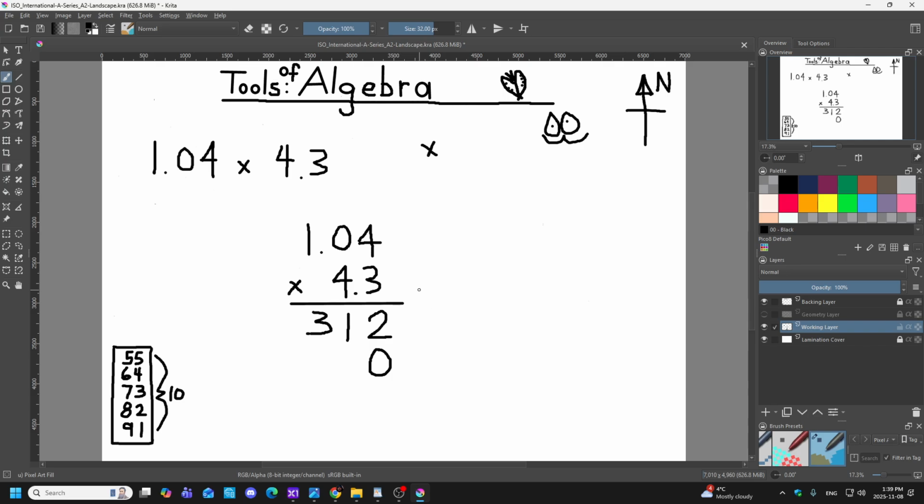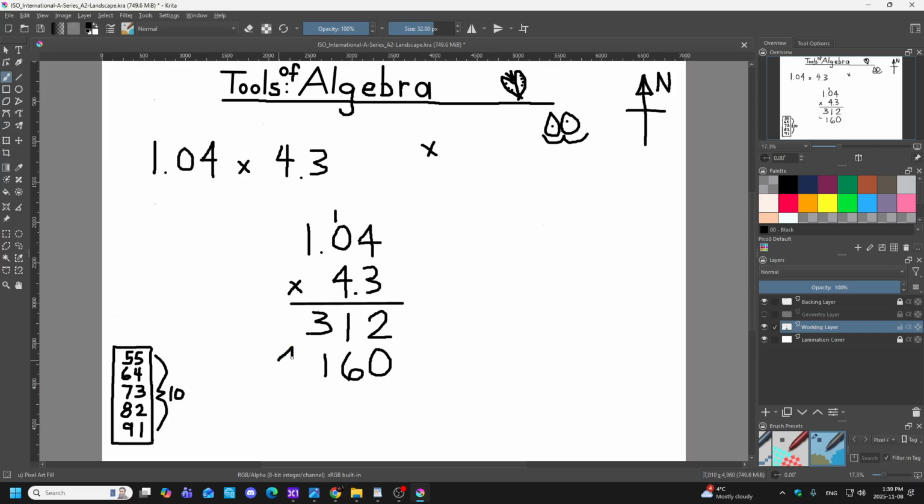Let us continue. Same procedure. 4 times 4, then 4 times 0, then lastly 4 times 1. 4 times 4 is 16. Carrying the 1, 4 times 0 is 0, because any value multiplied by 0 is always 0. Plus 1 is 1. 4 times 1 is 4.